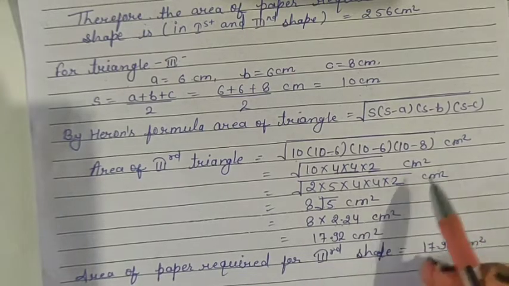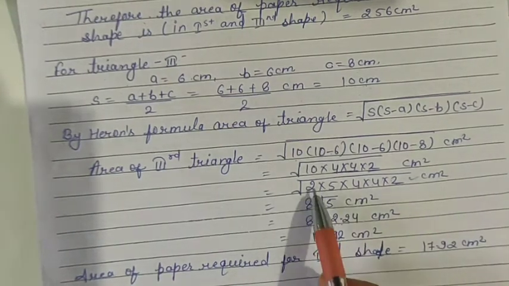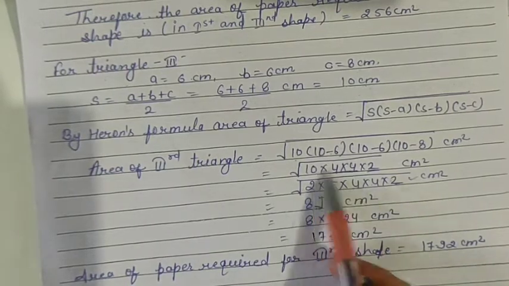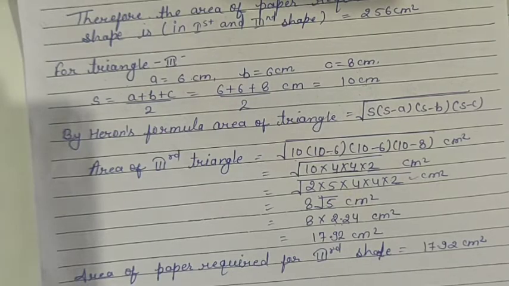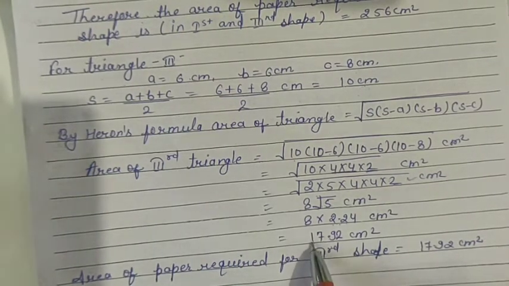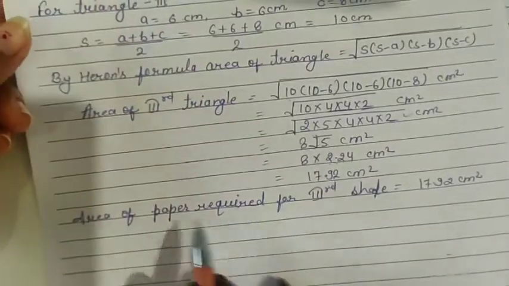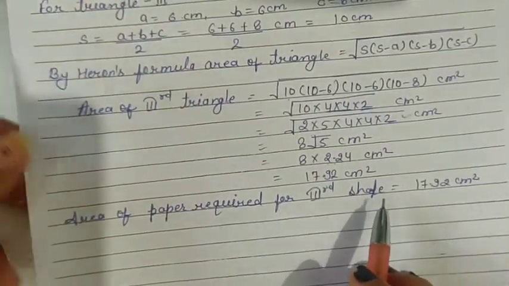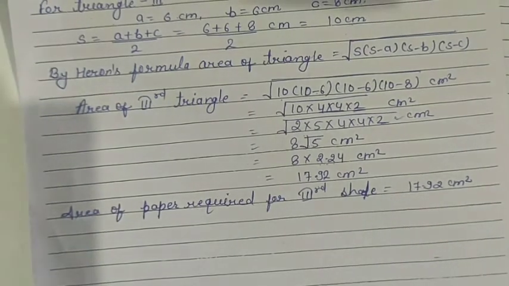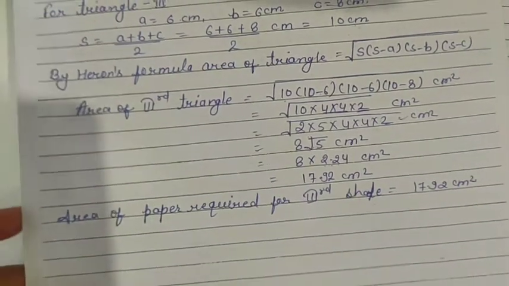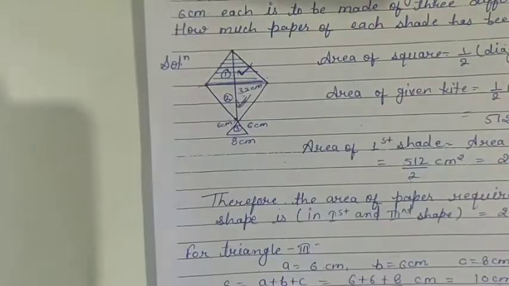Students, you can get this square root from here easily. Firstly you have to multiply all these quantities, 10 into 4 into 4 into 2, then you get its square root, that will also be equal to 17.92 centimeter square. So the area of paper required for the third shape is equal to 17.92 centimeter square.